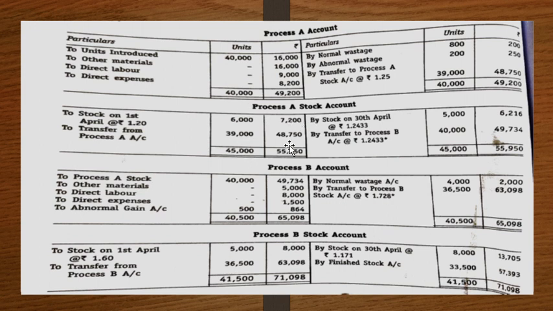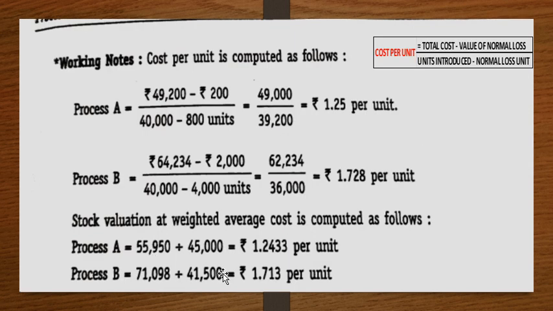So what is the total cost of the stock? 55,950 divided by 45,000 will give you the weighted average cost. So the weighted average formula is the total cost of the stock divided by the number of units, calculated here. 55,950, which is the value of your total stock, divided by the number of units, 45,000.